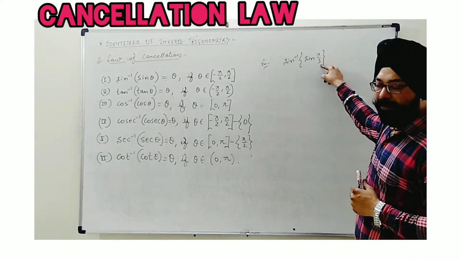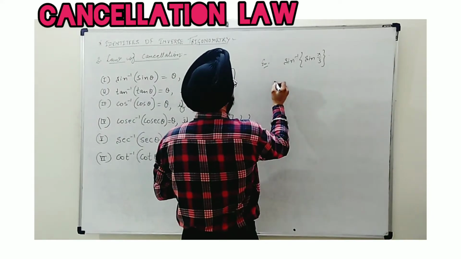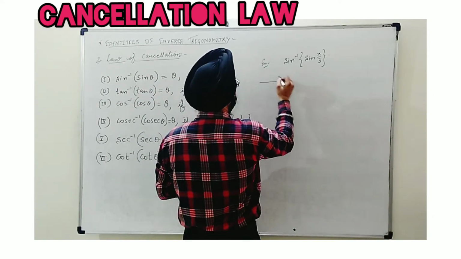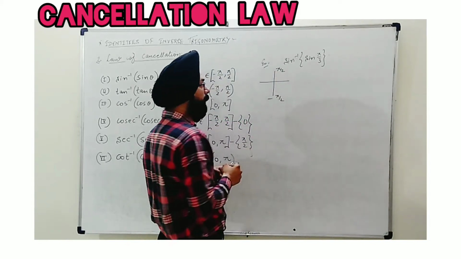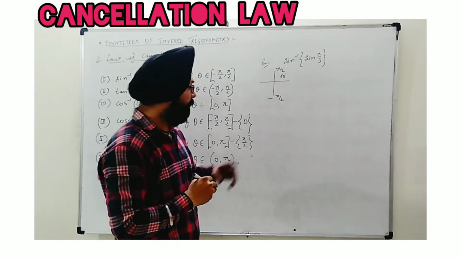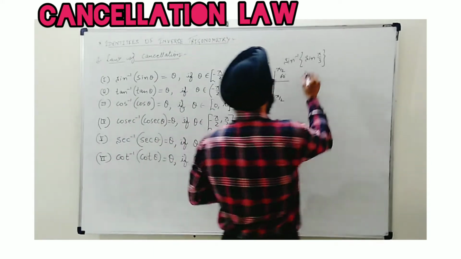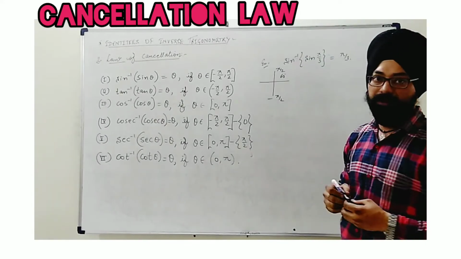For this pi by 3, which is 60 degree, this must belong to the principal branch minus pi by 2 to pi by 2. 60 degrees is an angle in the first quadrant. So yes, this is in the principal branch. We can cancel this out and we can write the result as only pi by 3.